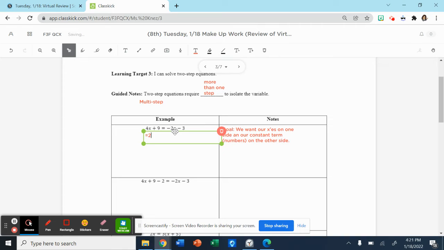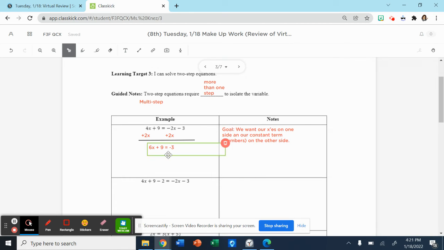Well, I can see right away that I can add 2x on the right to get rid of negative 2x. If I add 2x on both sides, and I'll draw a line underneath for separation, I end up with 6x plus 9 is equal to negative 3.